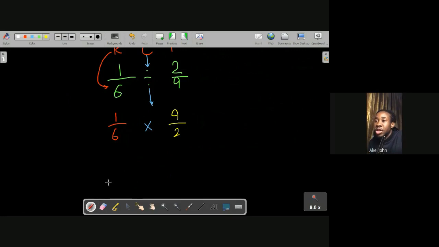Now we multiply in fractions, so we can either multiply straight across and then reduce, or reduce and then multiply across. Numerator by numerator, denominator by denominator. I'm seeing here that 3 can go into both 6 and 9, so let's reduce first. 3 can go into 6 twice, and 3 can go into 9 three times, leaving us with 1/2 multiplied by 3/2.